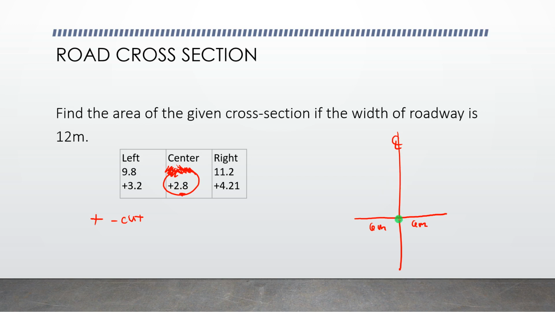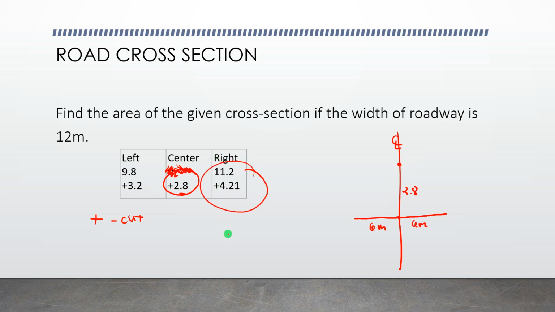So from the roadway, we have plus 2.8 meters, and that's the point where your ground surface is.